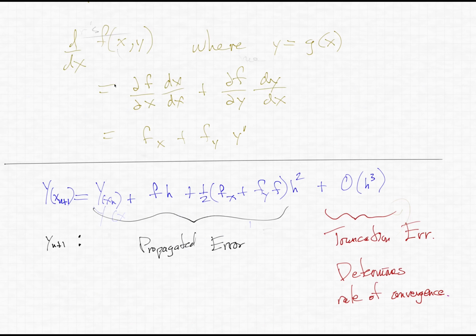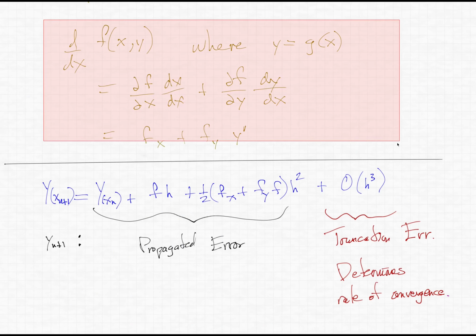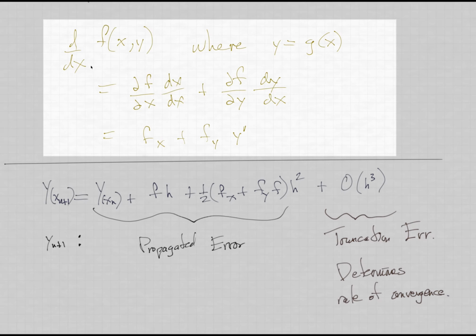I actually carried out in more detail over here. So I'm saying that we want to take the derivative with respect to x of f of x, y, where we treat y here as if it were a function of x. Right? So y represents the true solution, so y itself is a function of x. Of course, x is the independent variable.